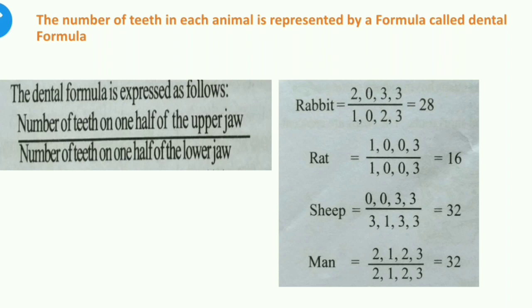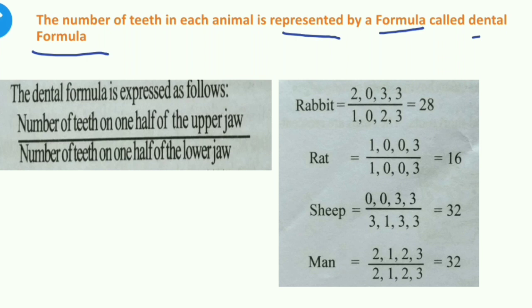Now, going to another topic, the dental formula. The number of teeth in each animal is represented by a formula called the dental formula. The teeth of the upper jaw are placed as the numerator and those of the lower jaw as the denominator.